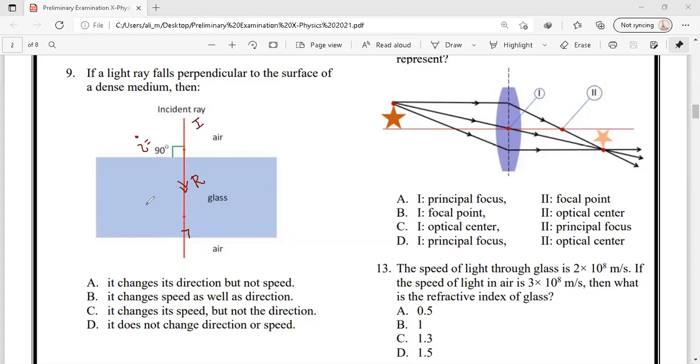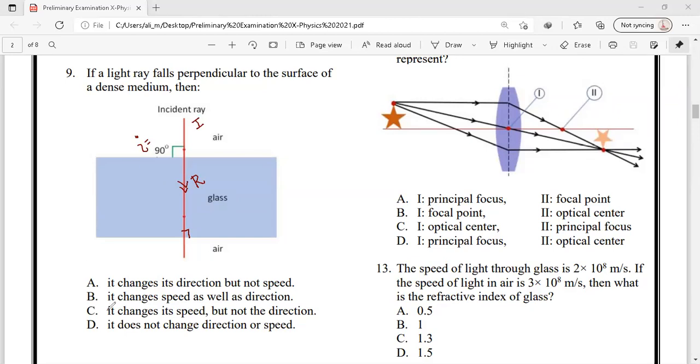So what happens when this situation occurs? As we know, whenever light enters from a rare to a dense medium, its direction of propagation changes as well as its speed. So in this special case, when the incident ray strikes at 90 degrees, there is no change in the direction of propagation of the wave, but still the wave will be slower in glass as compared to air, because glass is the denser medium.